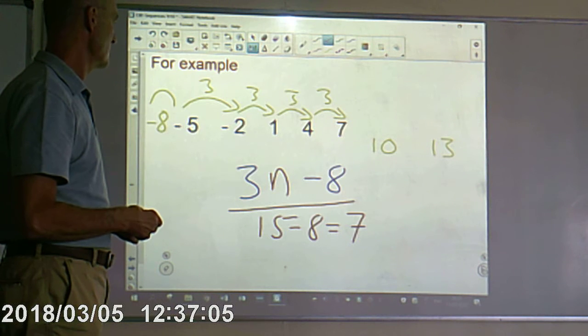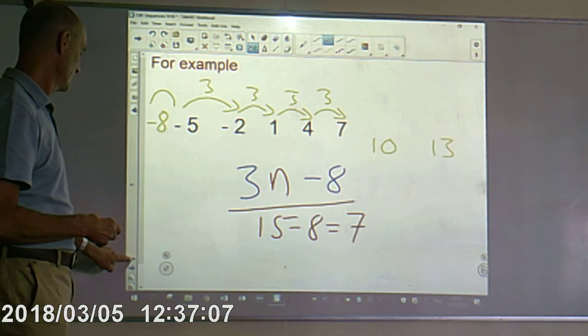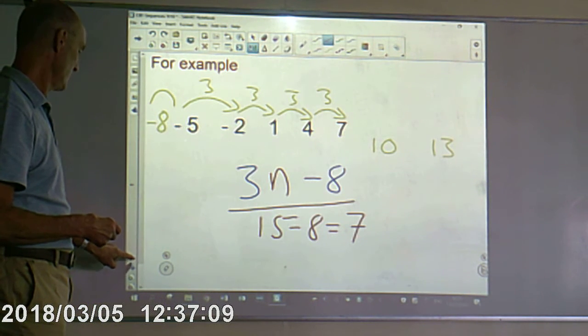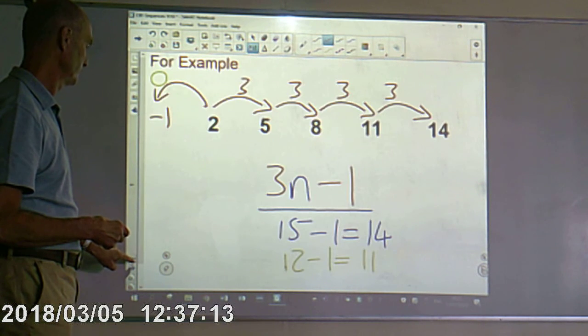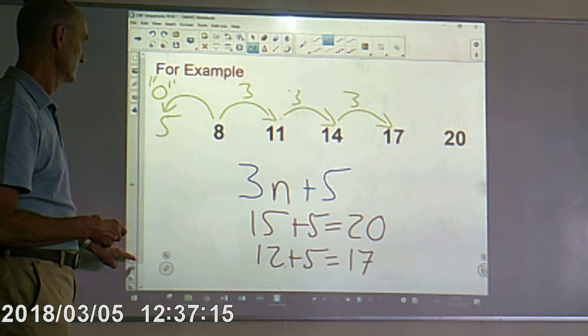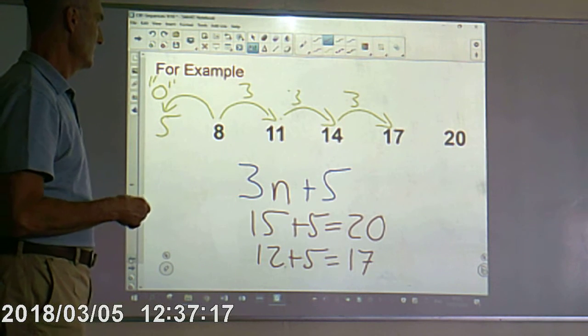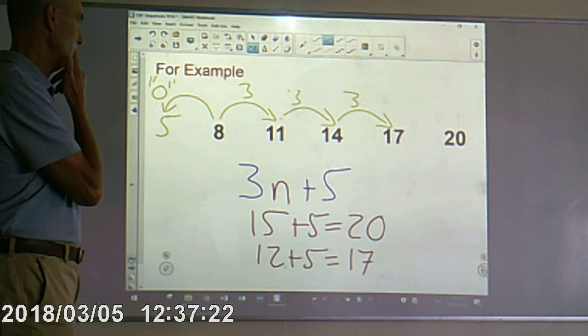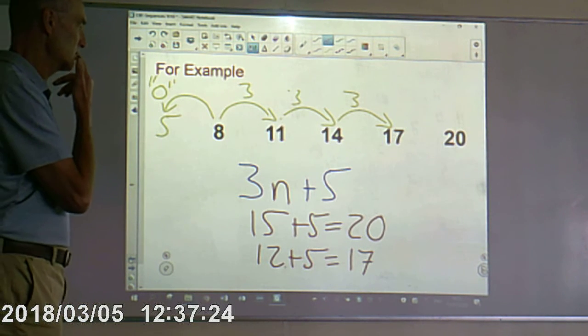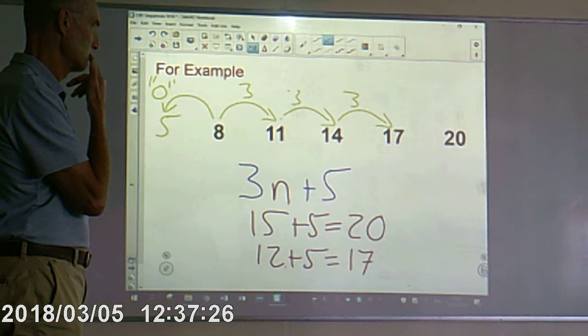The only other question that you might be asked, let's go back to a more simple example here. They might ask you something like, could 100 be in the sequence?